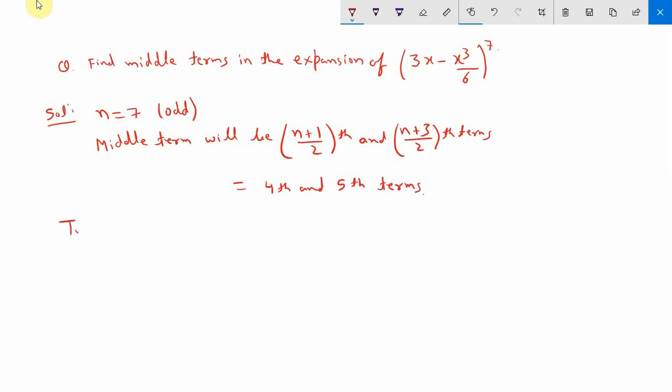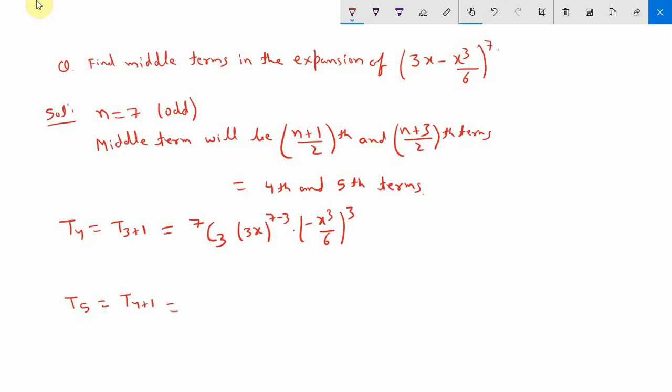So we will find T4, equal to T3 plus 1, and the second term will be T5, which we can write as T4 plus 1. So we will substitute the value: 7C3, (3x) to the power 7 minus 3, into (minus x cubed by 6) to the power 3.